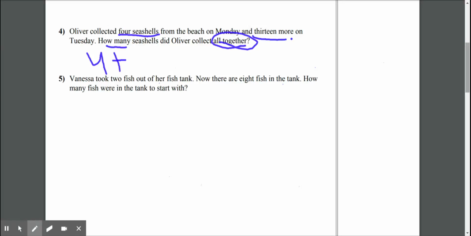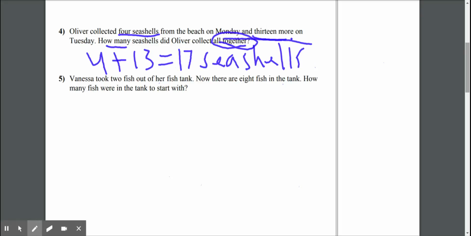So 4 plus 13 equals, and if I add those up, 17, and then with our labeling, seashells. Circle, circle, circle. Boom. All right.